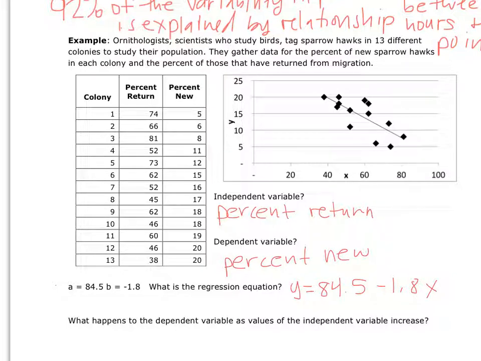The slope is negative, and that matches what we're seeing in the scatter chart, where it definitely looks like there is a negative relationship between x and y. As x gets larger, y values are getting smaller, and we've got that negative trend slanting down from left to right.